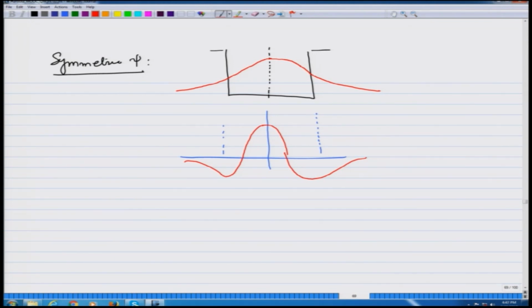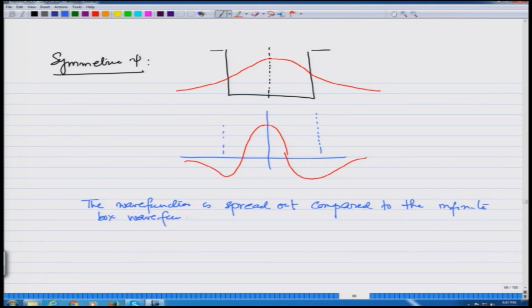Now, this wave function compared to the infinite box is spread out. So, let me write this. The wave function is spread out compared to the infinite box wave function. So, the infinite box wave function I will show by green was confined here. Here this is more spread out.